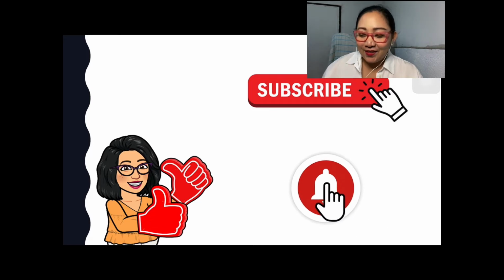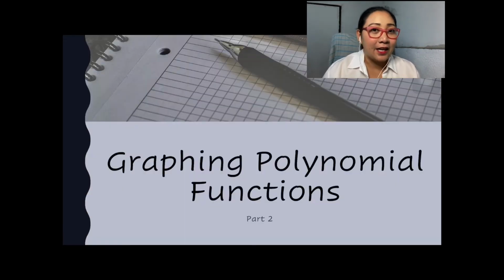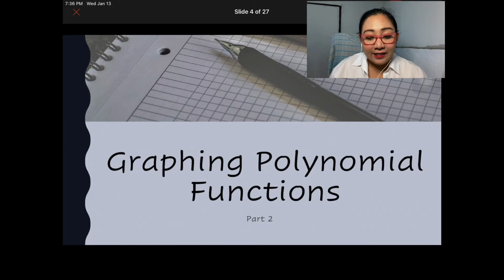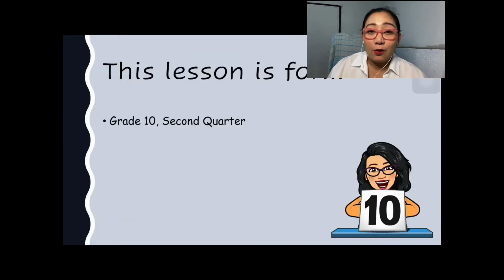Okay? So, let's start our lesson for today. Tayo po ay i-continue lang natin yung lesson natin previously, which is graphing polynomial functions. So, tuloy lang po siya. Okay? This lesson is again still for grade 10 second quarter.